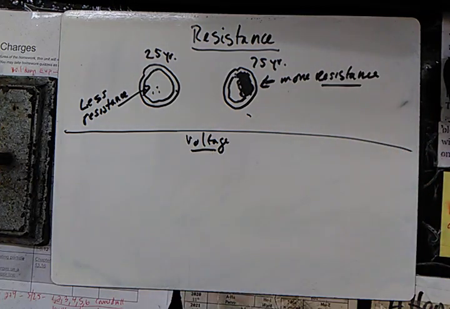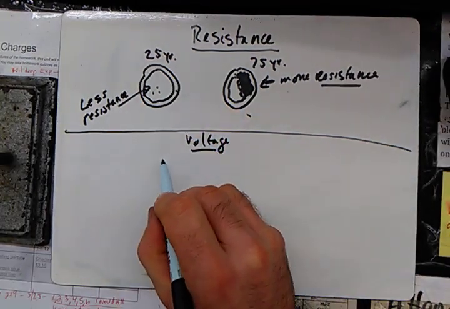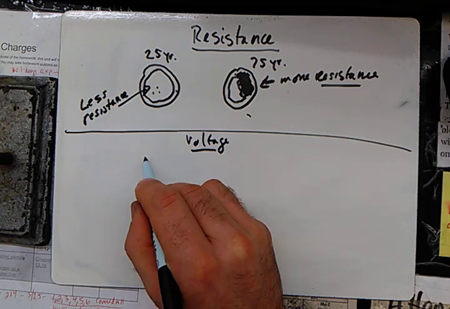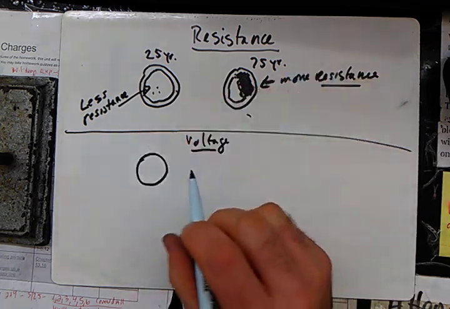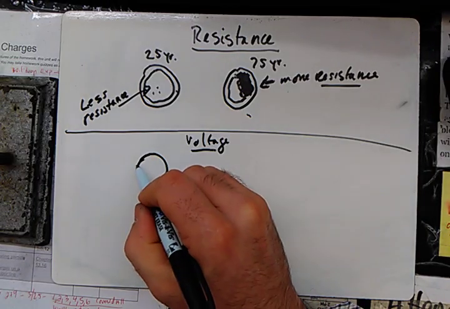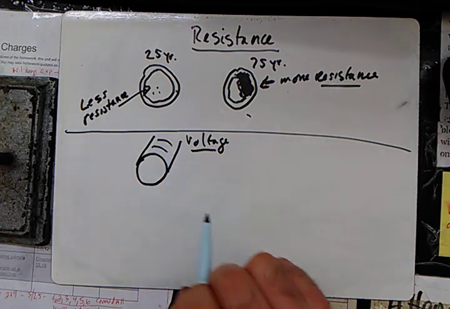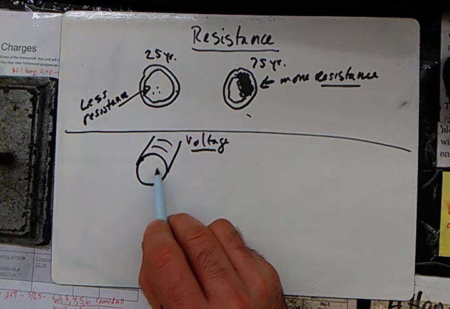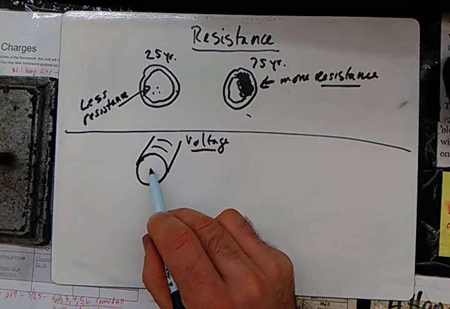So a simple way to describe voltage would be back to the old water pipe. Okay, if we have a pipe here, we cut its cross-sectional area. Maybe I'll even draw the pipe out like this. Okay, the cross-sectional area of this pipe has a certain amount of water flow that could go through it.